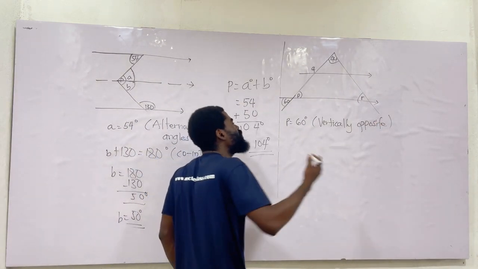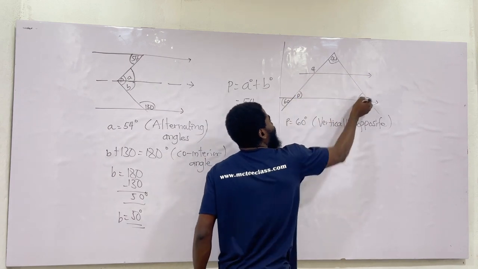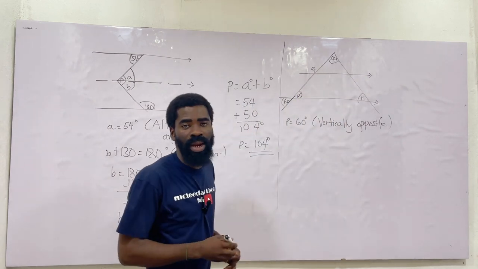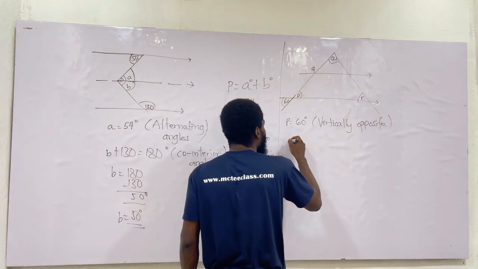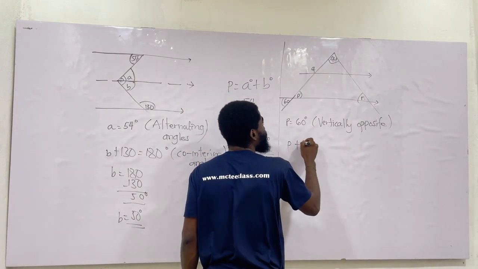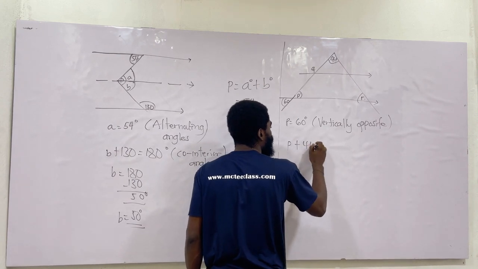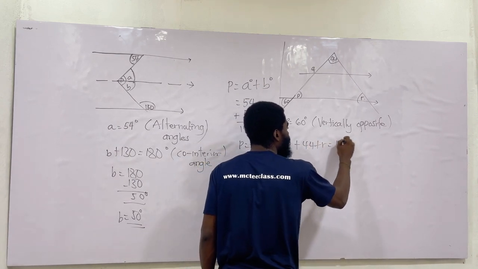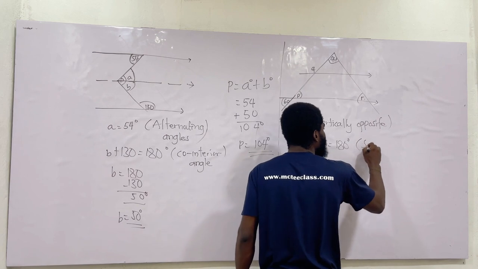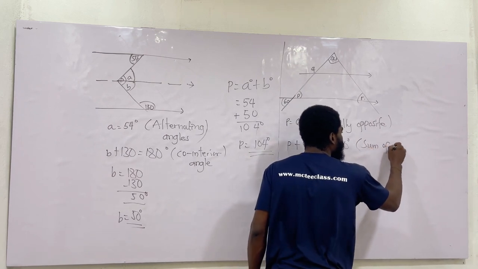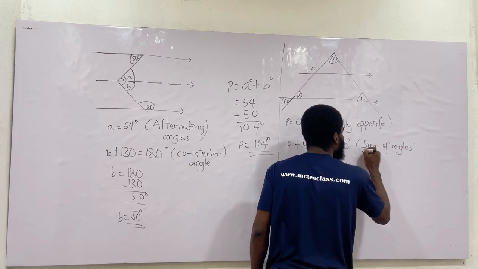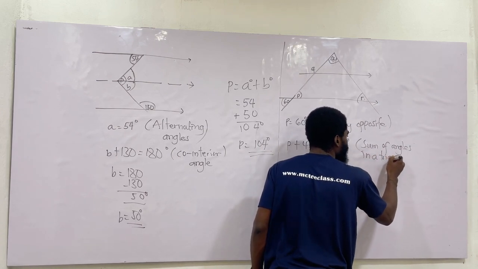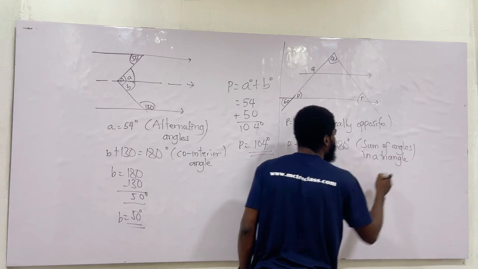If P equals that, P plus 44 plus R, isn't that equal to 180, the sum of angles in a triangle? Of course it is. So I have P plus 44 plus R equals 180 degrees, and the reason is the sum of angles in a triangle.